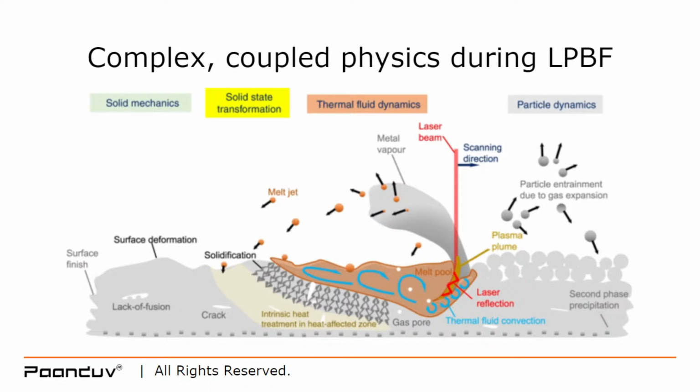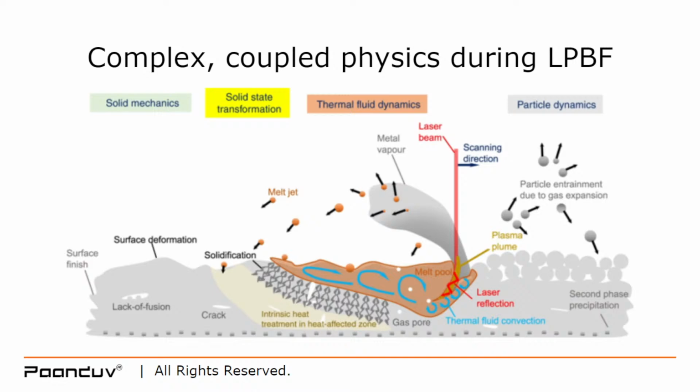There is thermal fluid convection. There are gas pores. Some of the solidification is happening just behind the melt pool. Metal vapor is formed, which is probably ejected out of the system. Some particle entrainment may happen due to gas expansion. Surface deformations, cracking phenomena, second phase precipitation, a lot of things are going on simultaneously here.